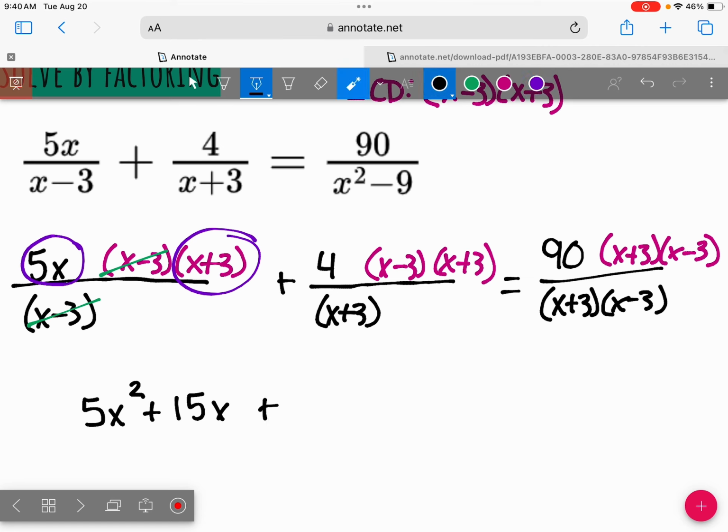Then what's going to happen in this middle one? The x plus 3's cancel out. And we're left with what? 4x minus 12. What happens on the right-hand side?